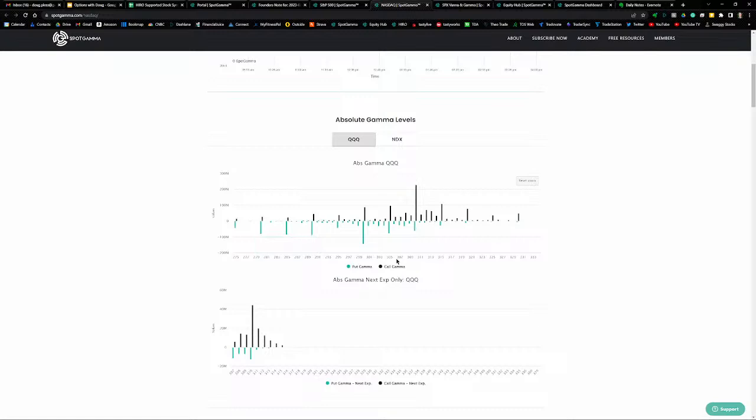And then there's also a significant amount of put gamma at 300. And then 310, that's the absolute gamma strike or key gamma strike, as well as the call wall. So those are the gamma levels in play for SPX, SPY, and QQQ.